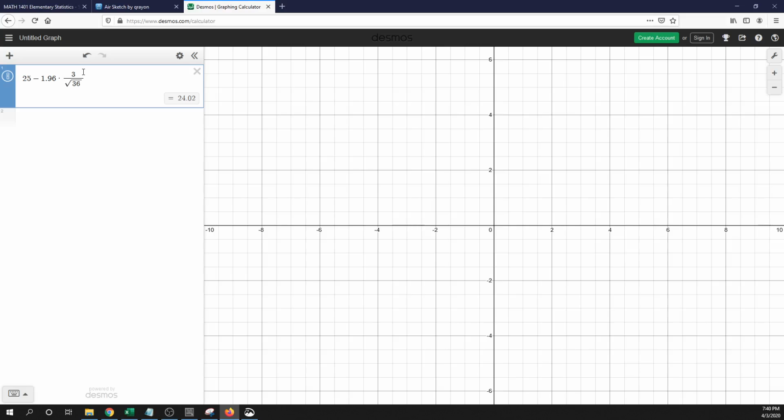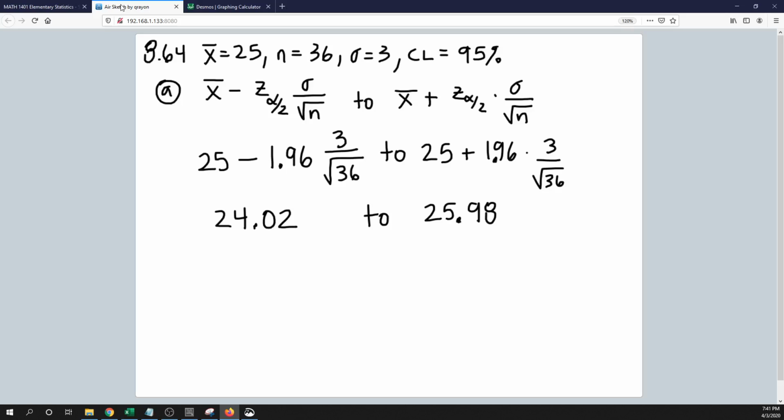Okay, that comes out to be 24.02, and then the one with the plus, right, comes out to be 25.98. All right. So there's our confidence interval.